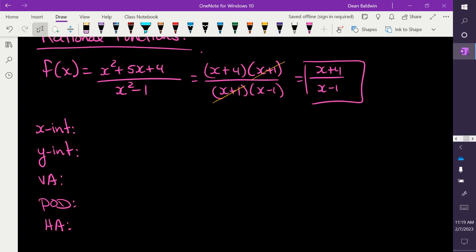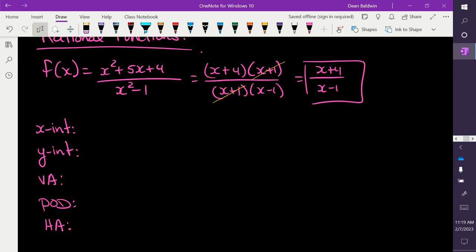I want vertical asymptotes, horizontal asymptotes, x-intercept, y-intercept, POD. Please. Do you want me to run you through it, or are you okay? Okay, go. Run. Did you factor it? Did you get that? Okay. If you know what you're doing, just work ahead.